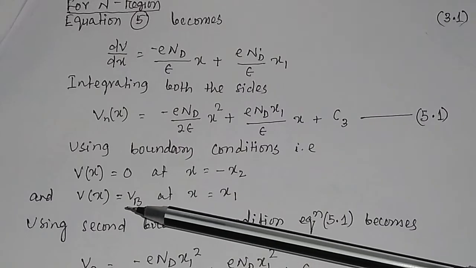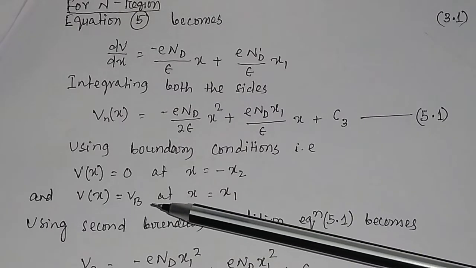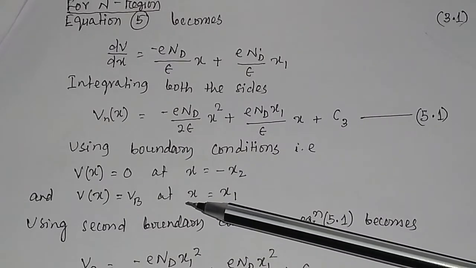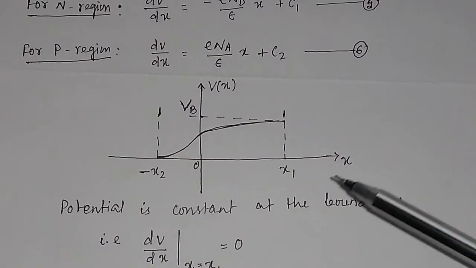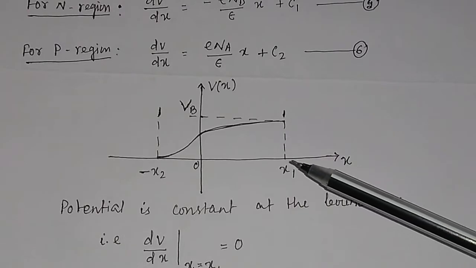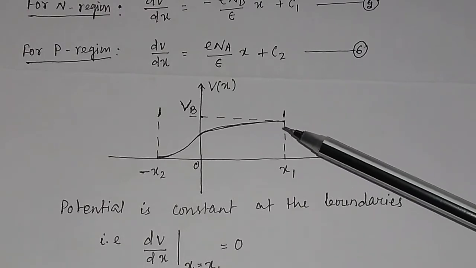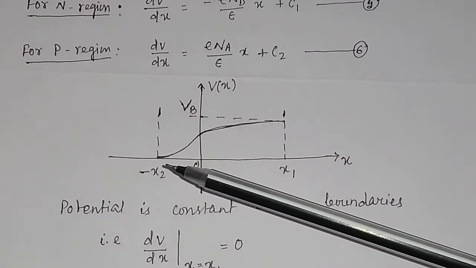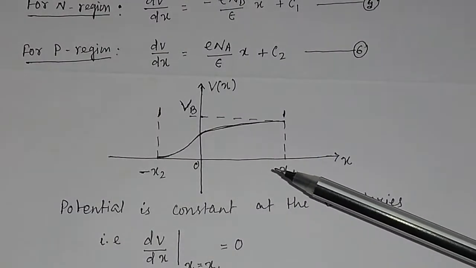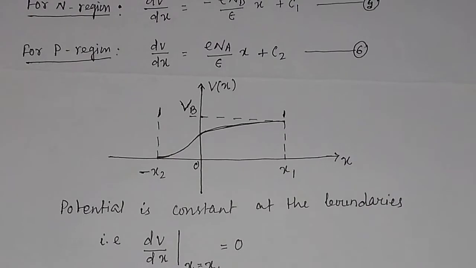For the n side, the potential is equal to Vb, as I have shown you in the figure. You see this figure, at x equal to x1, the potential is equal to Vb, and at x equal to minus x2, the potential is equal to 0. So you put these boundary conditions to find out the value of the constants C3 and C4.